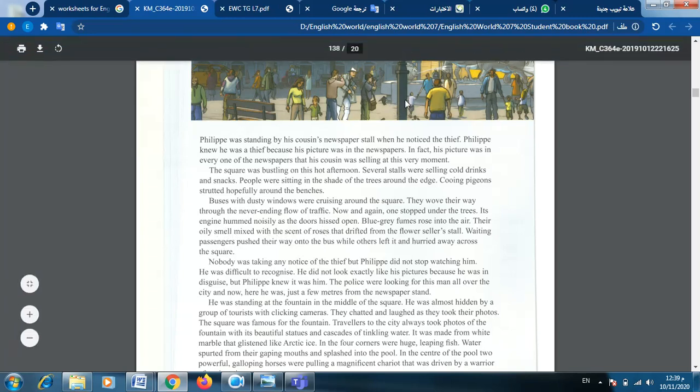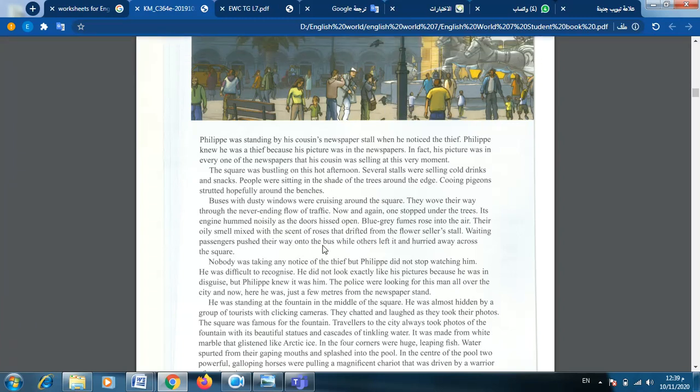Here in this square, there were people selling roses, okay, and the smell of roses mixed with the smell of oil, which comes from the bus. Waiting passengers pushed their way onto the bus while others left it and hurried away across the square. People who were waiting for the bus got into the bus quickly, and the others hurried away across the square.